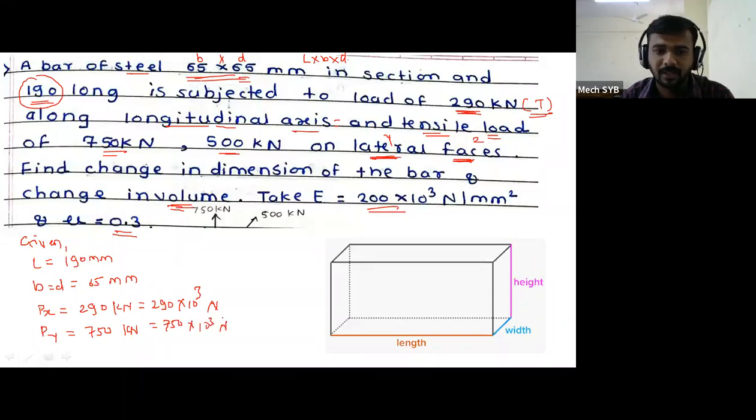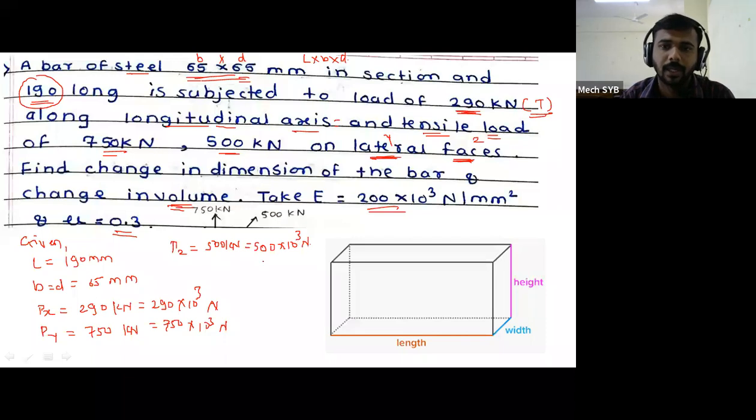And last is Pz, 500 kilonewton is equal to 500 into 10 raised to 3 Newton. In addition to that, E they have given 200 into 10 raised to 3 Newton per mm square.